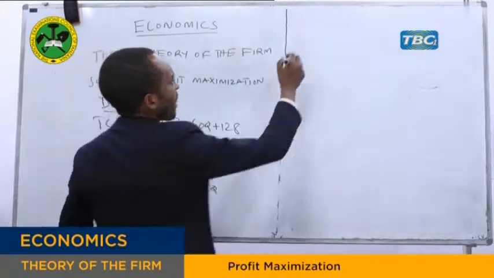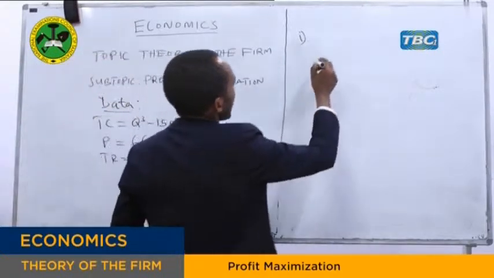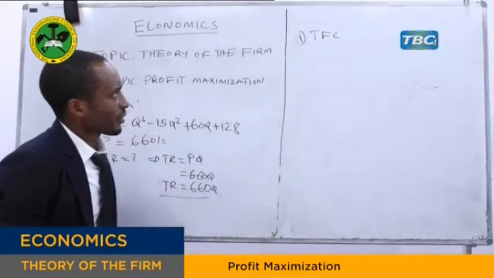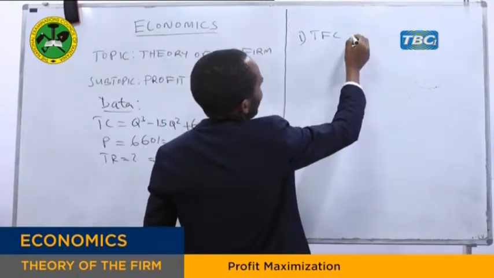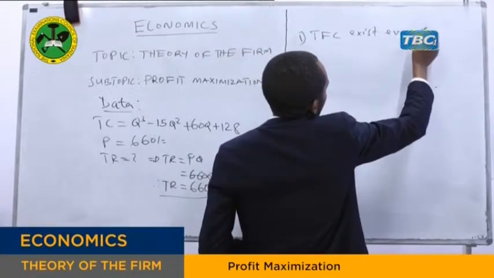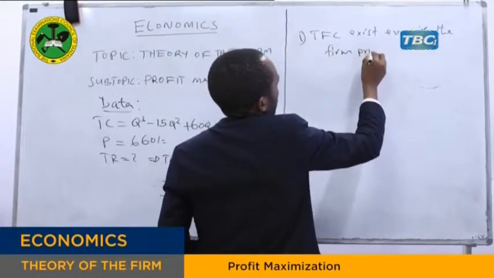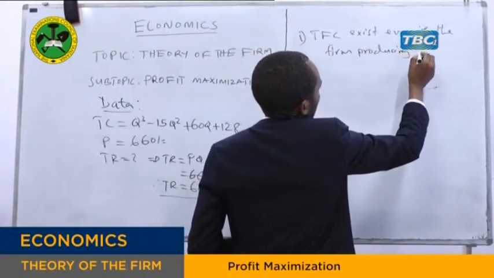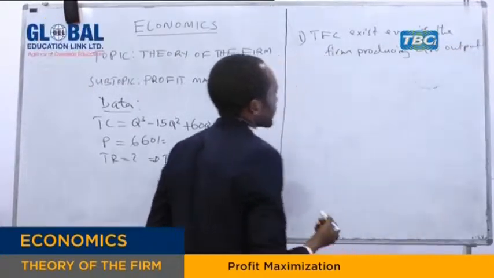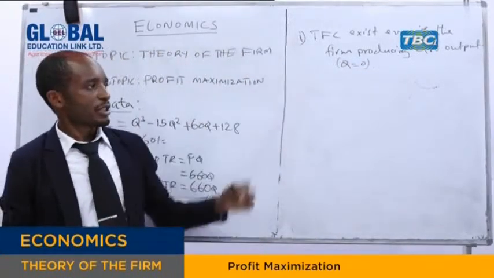Now part 1, we are asked to calculate the fixed cost. The total fixed cost exists even if the firm is producing zero output. So we can say when Q equals 0, the fixed cost will still exist.